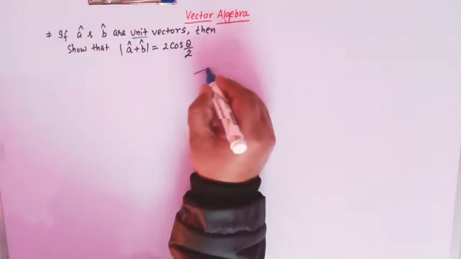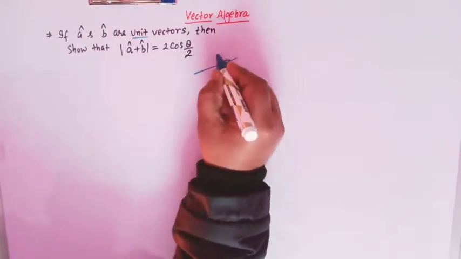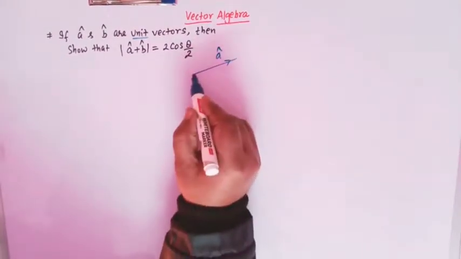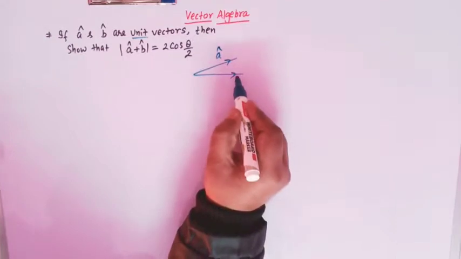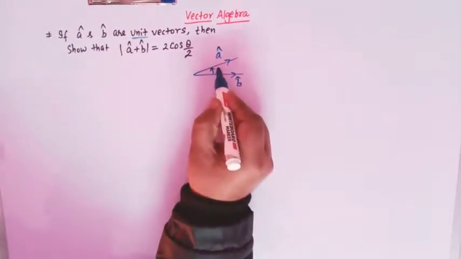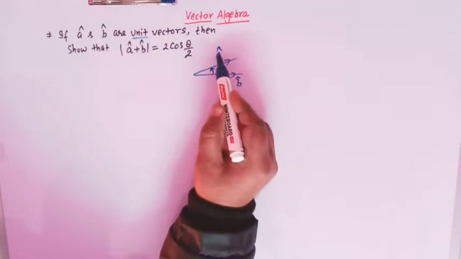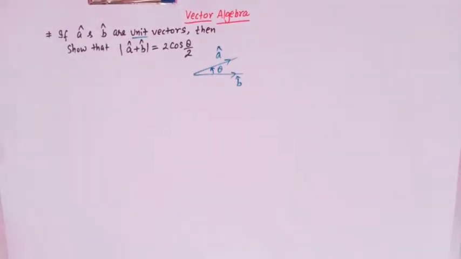So let us take this vector as a cap and this vector as b cap, and theta is the angle between these two unit vectors.